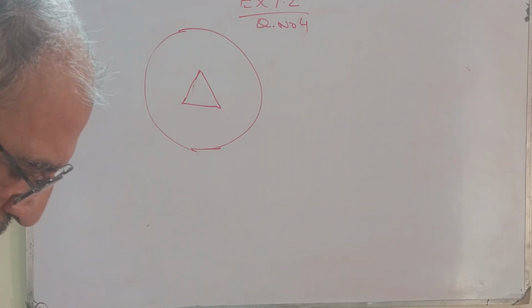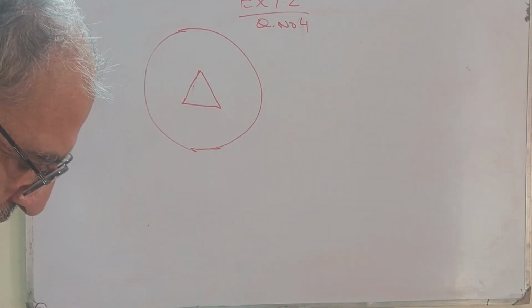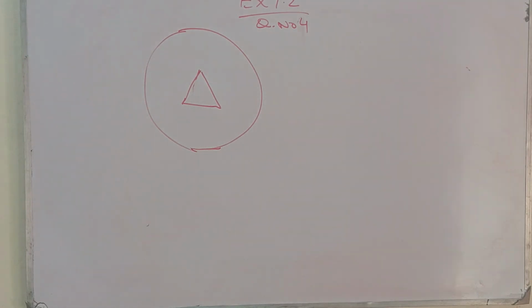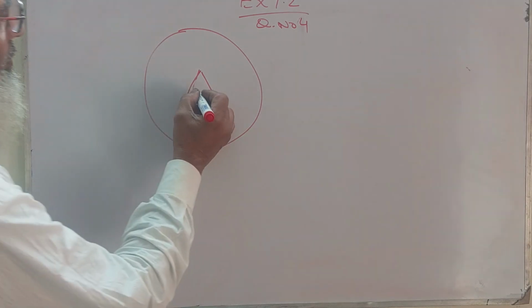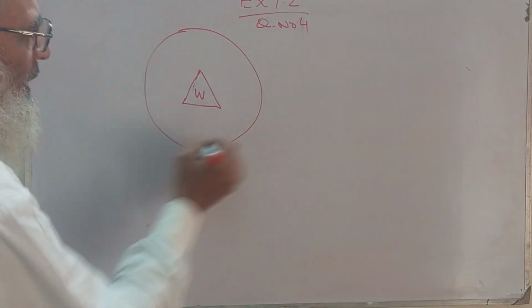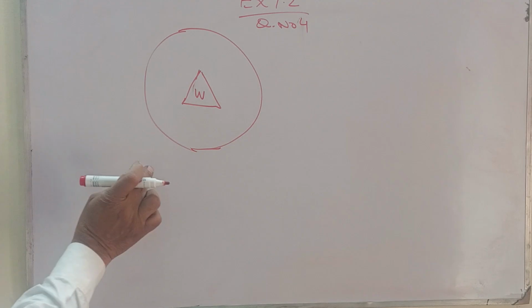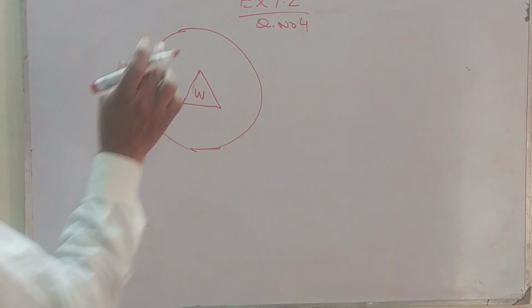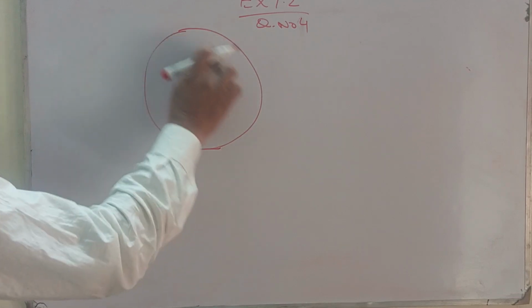If a triangle is to be painted white and the rest of the sign will be painted red, calculate the area covered by each color to one decimal place. Now this triangle is white, and the rest of the circle is red.